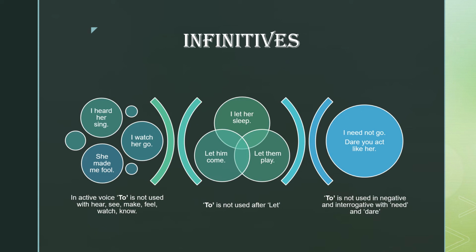If you use need in a negative way, I need not go, you will not use the word to. Likewise, dare you act like her, if you're using it again as a form of imperative. It is an instruction that you're giving. Dare you act like her. Again, for this sentence, we'll not be using to.